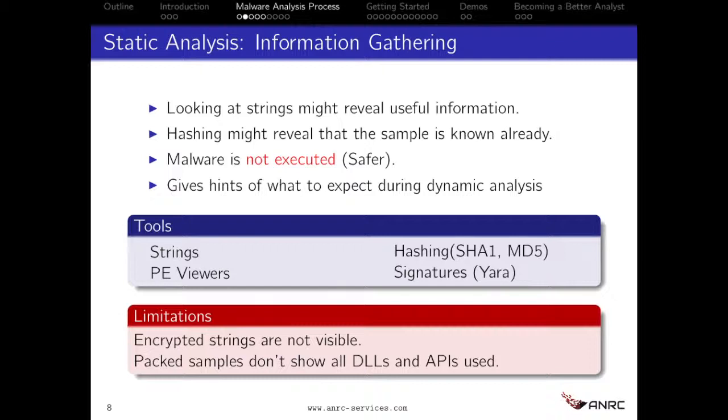Some of the things that could cause problems with information gathering: certain strings are not going to be visible. A lot of malware uses encryption or obfuscation. And when samples are packed, which basically just means obfuscated so that the execution isn't so obvious when you look at it statically, you won't see libraries and APIs that this piece of malware depends on.